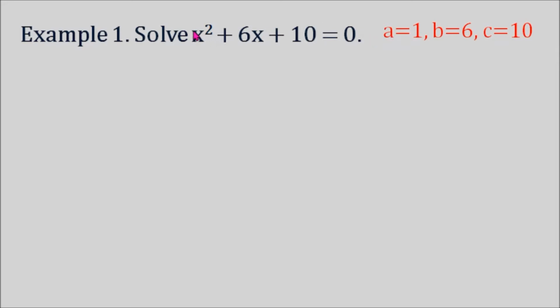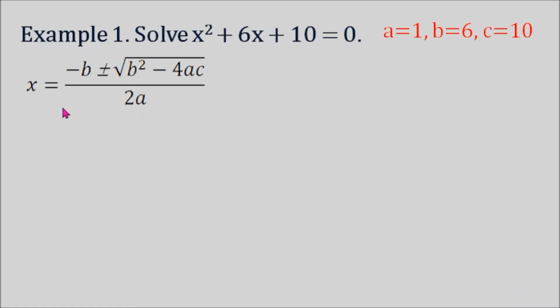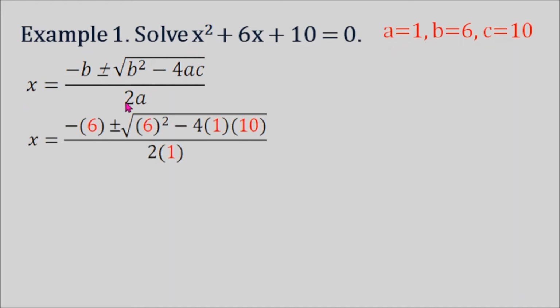Our a here is 1. If you don't see a number that goes with x squared, that's 1. Our b is 6 and our c is 10. And this is our quadratic formula. So that means x equals negative b, so negative 6 plus and minus b squared, that's 6 squared, minus 4 times a times c.